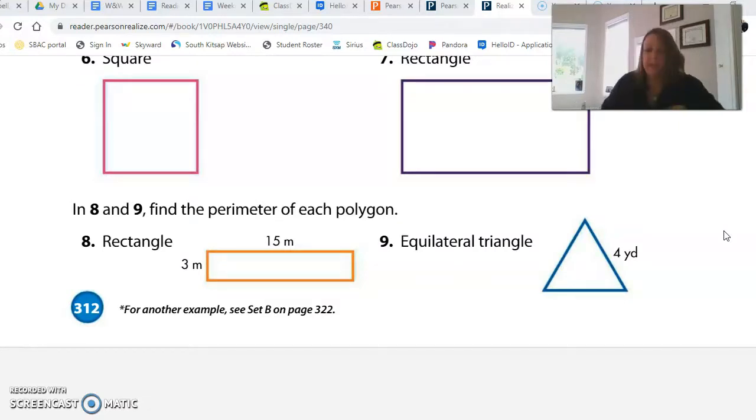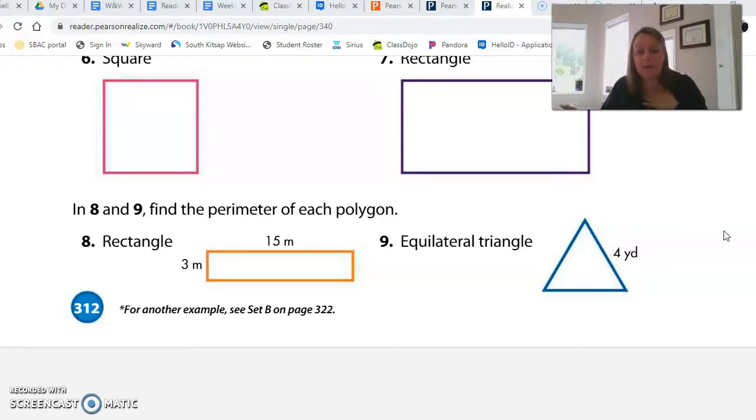All right, number 8 says, find the perimeter of each polygon. Okay, now I remember, so a rectangle has opposite sides that are the same. So I'm going to go 15. Now I'm going to say 15 to the top and the bottom, plus 15, plus 3, plus 3.